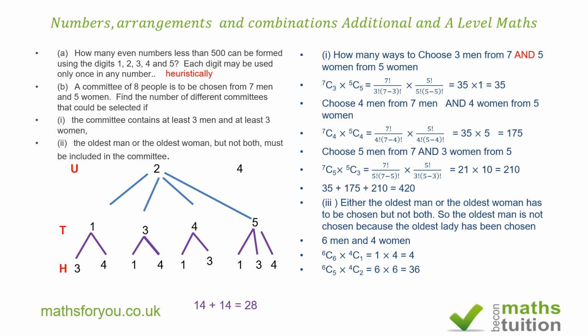Or we can choose 4 men from 6 men and 3 women from 4 women, and we can do that in 60 ways. And lastly, we can choose 3 men from 6 men and 4 women from 4 women, and the answer to that is 20.